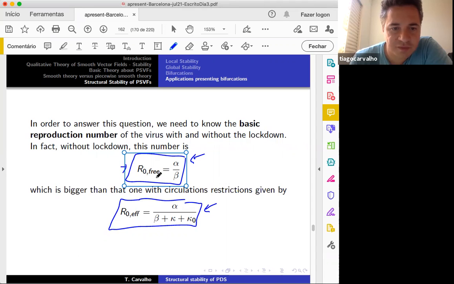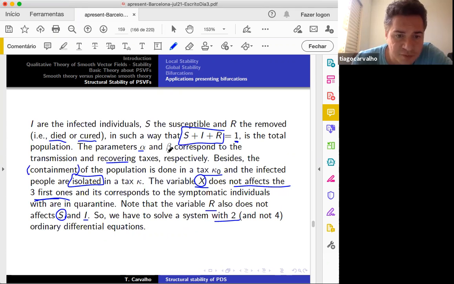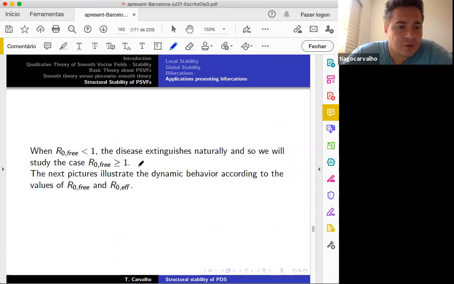For example, the basic reproduction number when we have no restrictions is the quotient between these two rates. Remember that alpha and beta correspond to the transmission and the recovery rates.